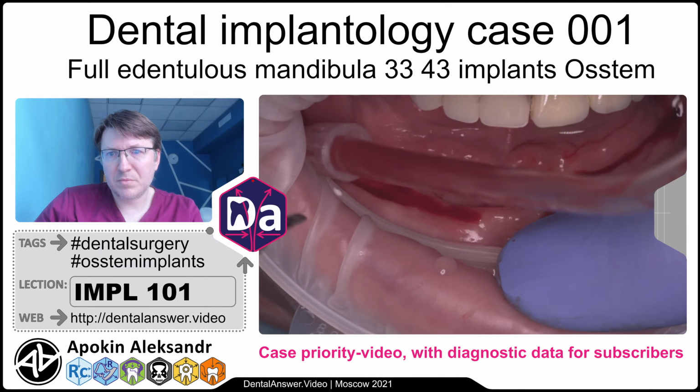That's why I carefully drill the cortical bone, placing parallel pins, or maybe they may also be called parallel guides.